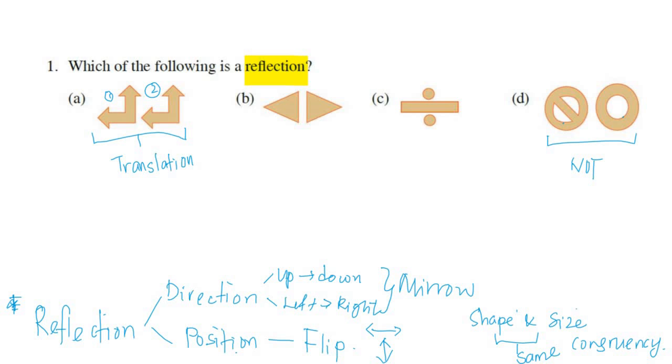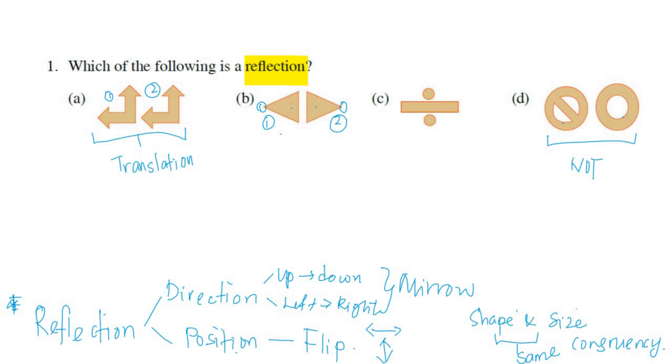So the first one and the last one we have finished. Now we look at the middle 2 pictures, B and C. In picture B, you see this triangle and the second triangle, the direction has changed from left to right. The size and shape are still the same.